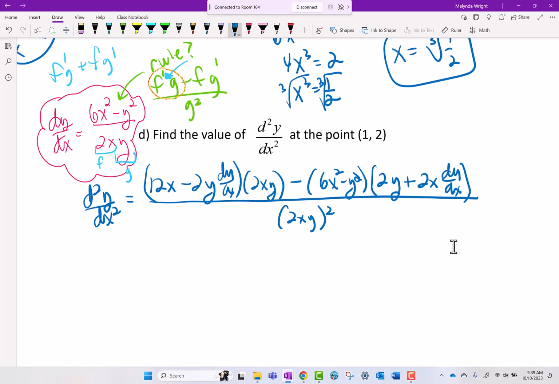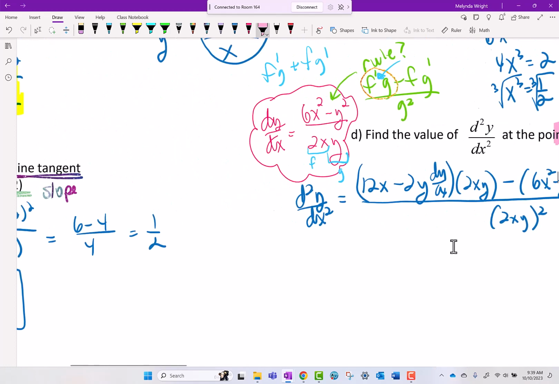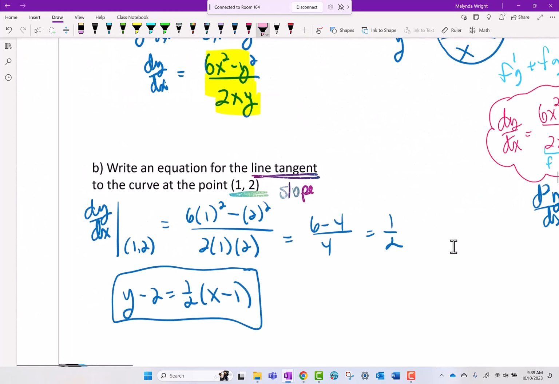Okay. So instead, we're going to sub this point in. Now, we need to know what dy/dx is at (1, 2). Do we know that already? Didn't we find that already? We did, didn't we? Over here? dy/dx at (1, 2) was a half.